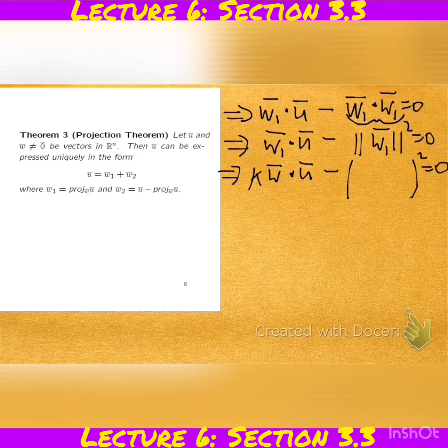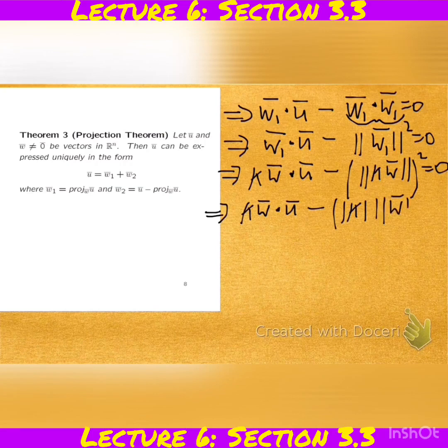And what is that term? That term is basically kw. Now guys, you have to remember your norm rules from section 3.2. So that becomes the scalar multiple dot with u, minus the absolute value of k multiplied by the norm of w, everything squared.